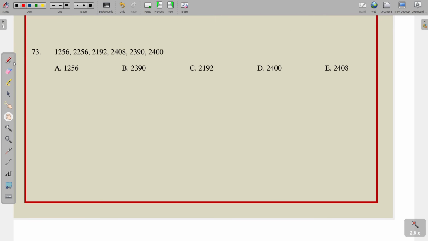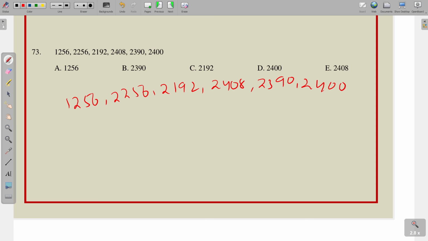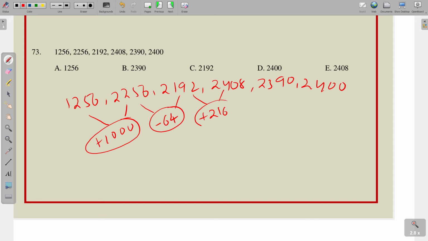Next one. By seeing this series, it is also a small increasing and decreasing series, which means alternate addition, subtraction, an algebraic logic for this series. First one: addition of 1000. For this, subtraction of 64. For this, addition of 216.